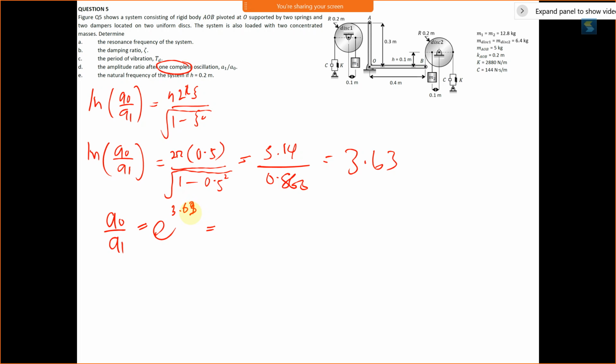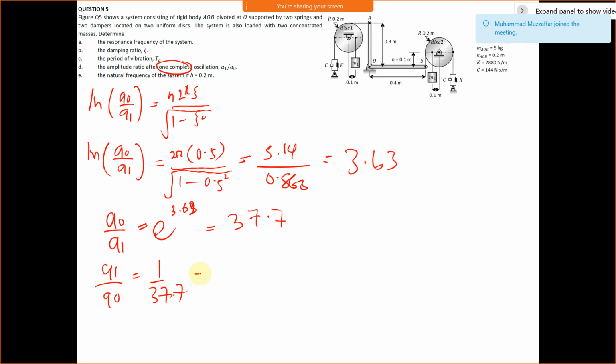So the answer is 37.7, isn't it? 37.7. Since it asks for A1 over A0, A1 over A0 must be 1 over 37.7, so 0.027. So that is our answer.